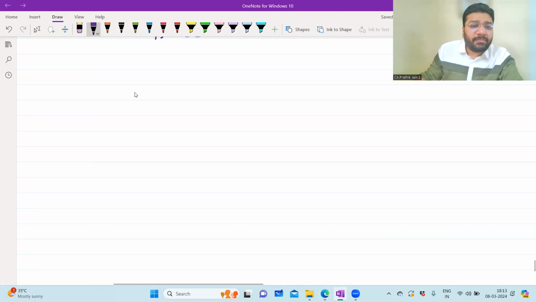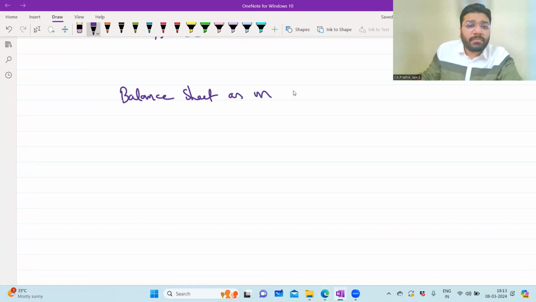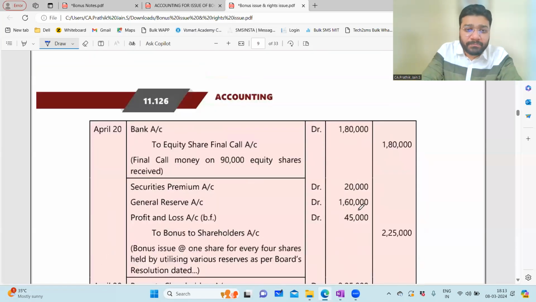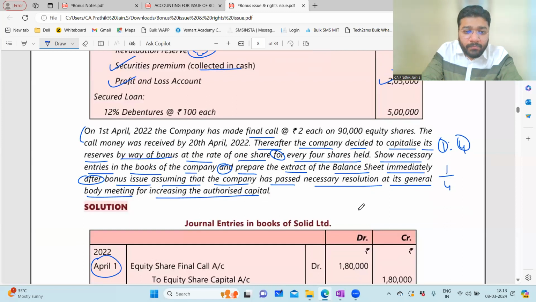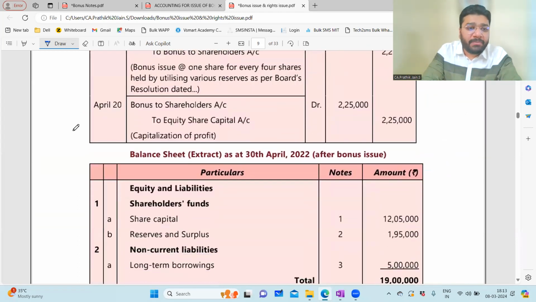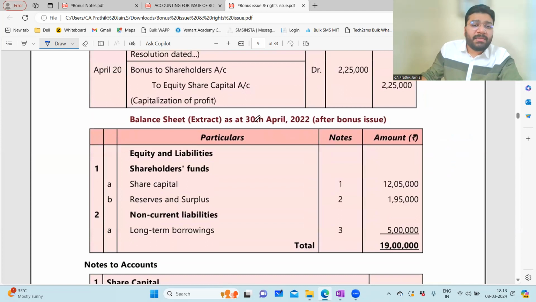So, balance sheet heading. As on which date? 30th April. See, all this is happening in the month of April. So here, they've taken 30th April as the balance sheet date.